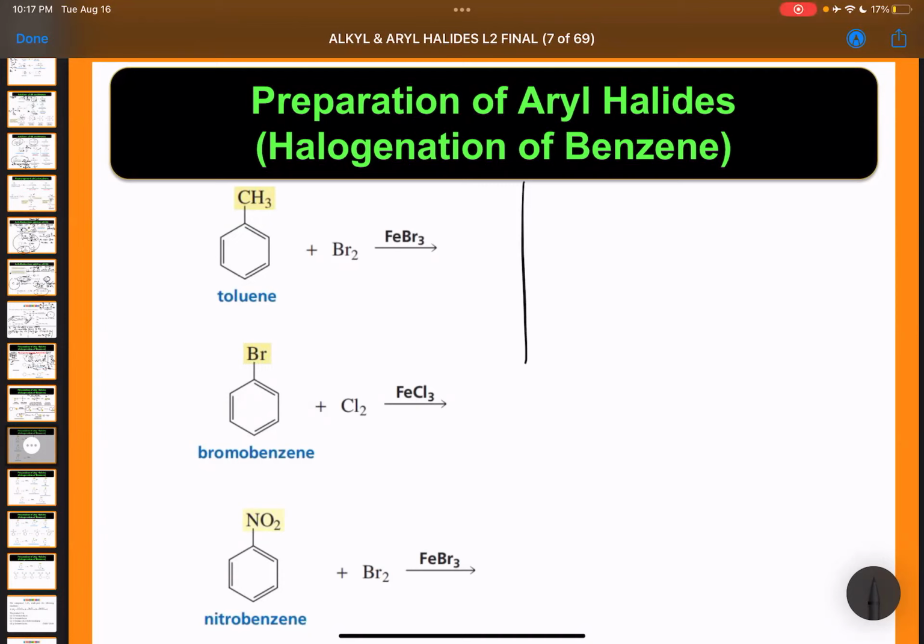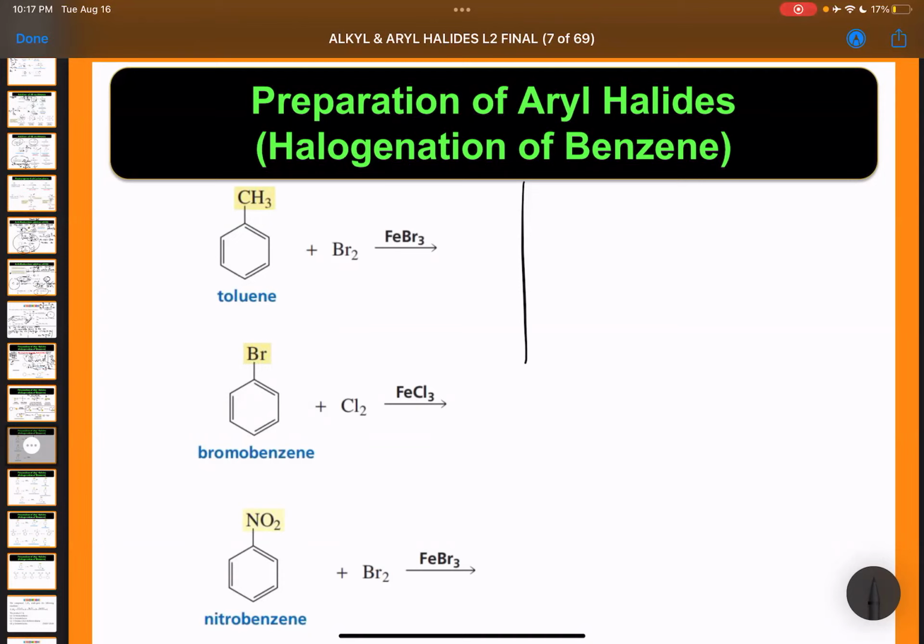Actually, that depends on what you are doing the substitution on. Substitution reaction on benzene is carried out in the presence of Lewis acid. But Lewis acid is just used to generate the electrophile. There are other ways also to generate the electrophile.